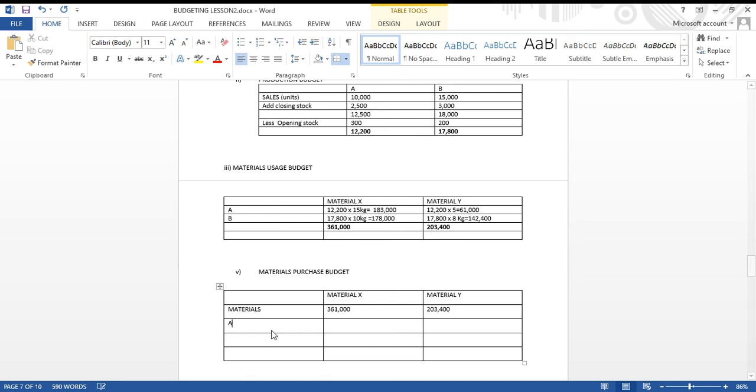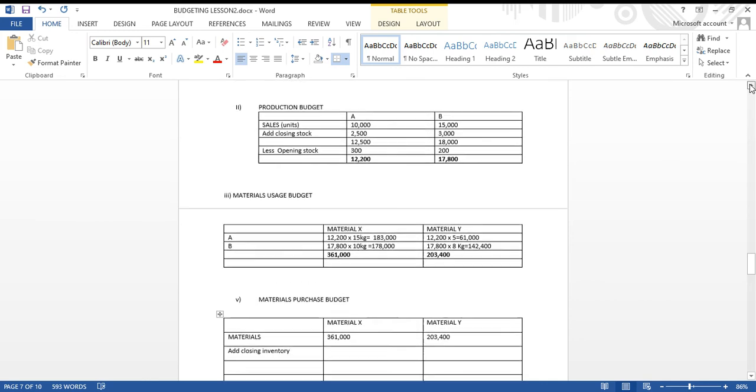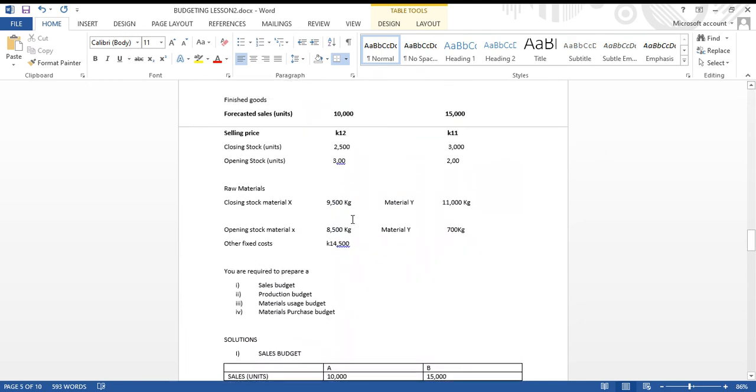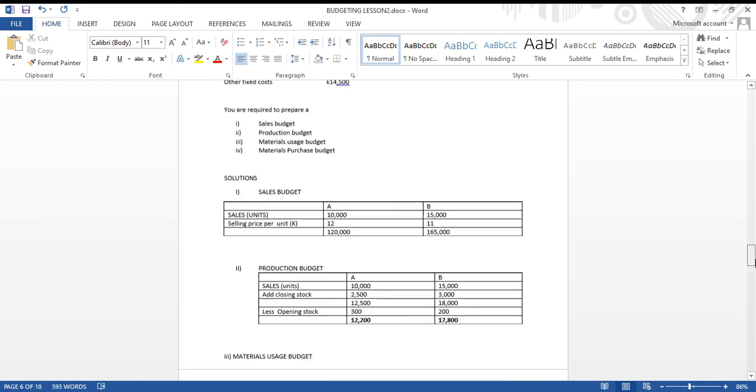And next, we're going to add our closing inventory of materials. So we go back to information in the question. Material X closing inventory is 9,500 kg. Material Y closing inventory is 11,000 kg.